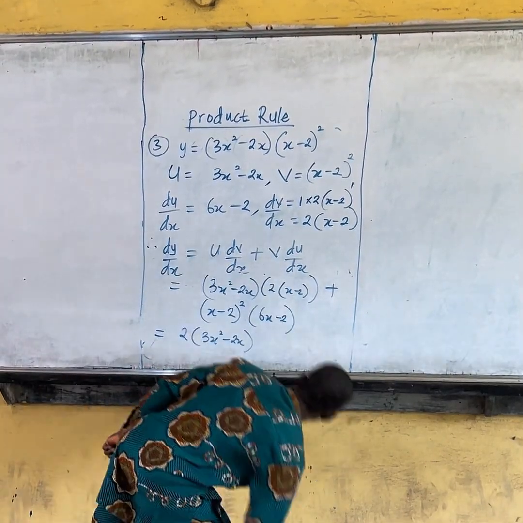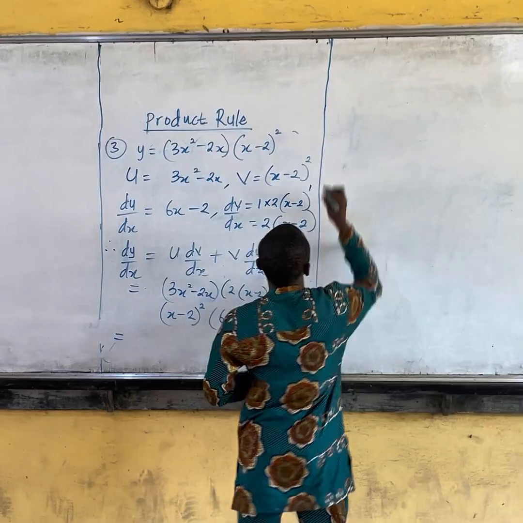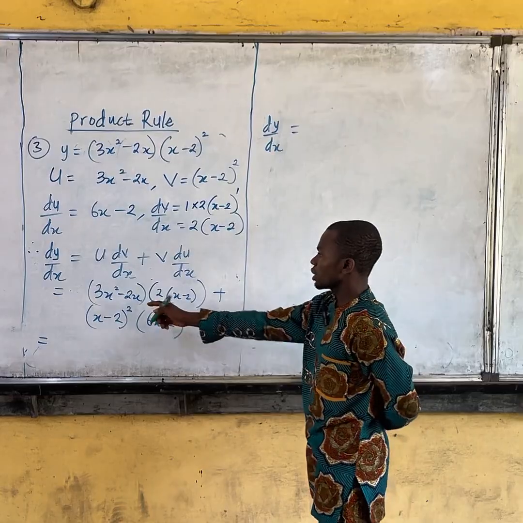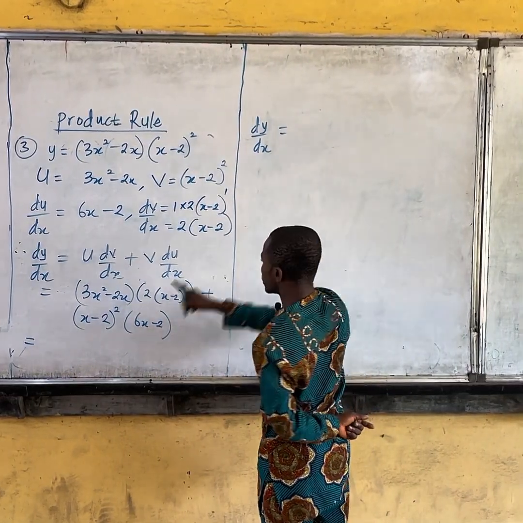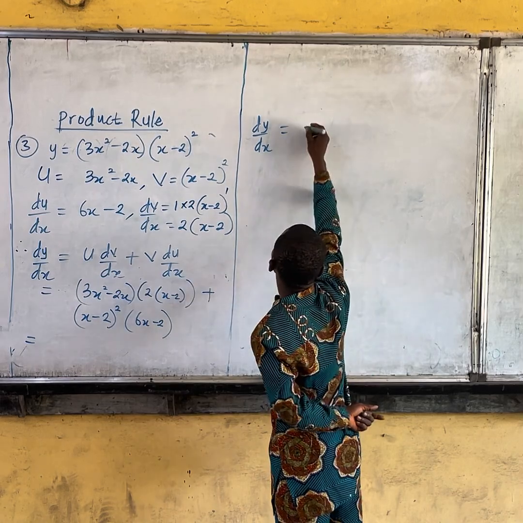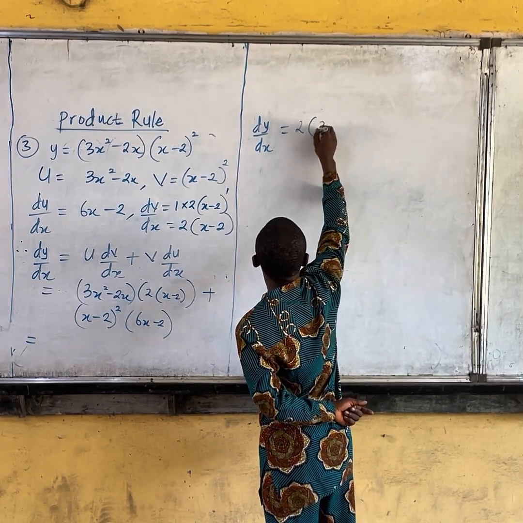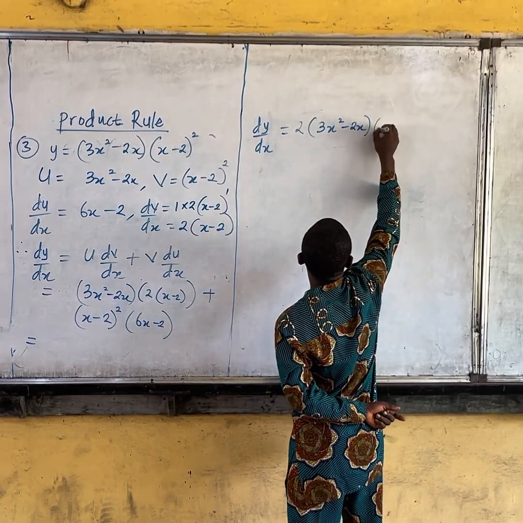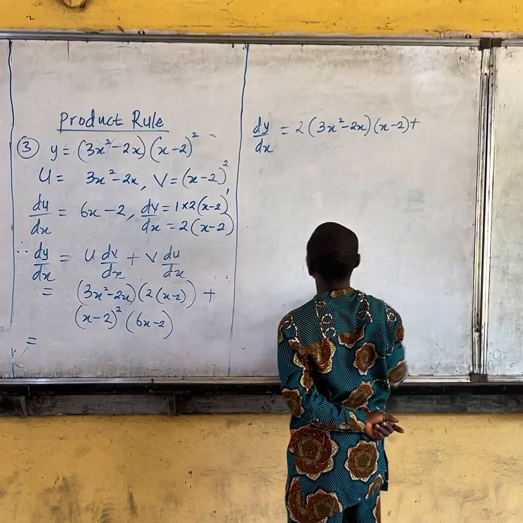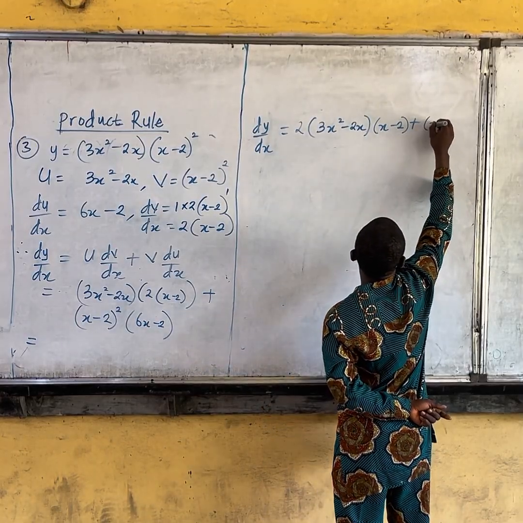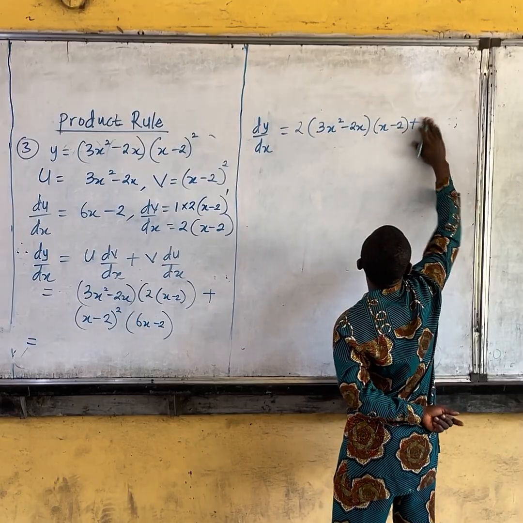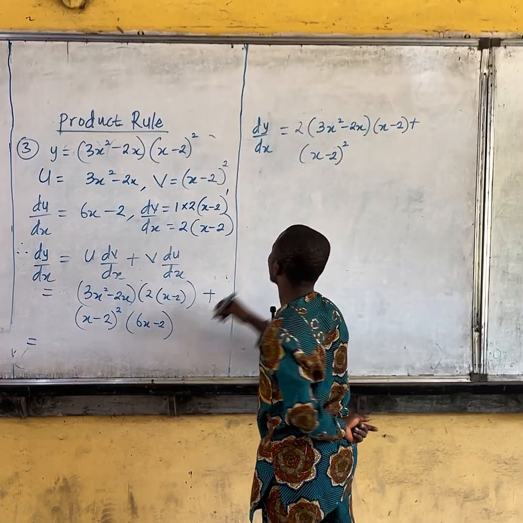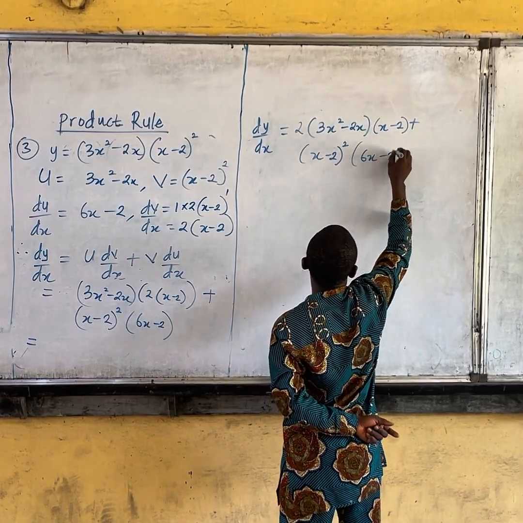So from here, my dy over dx can be, since this 2 is outside, I can take it out: 2 brackets 3x squared minus 2x, I close it, times x minus 2, plus x minus 2 all squared, bracket 6x minus 2. You can't stop here.